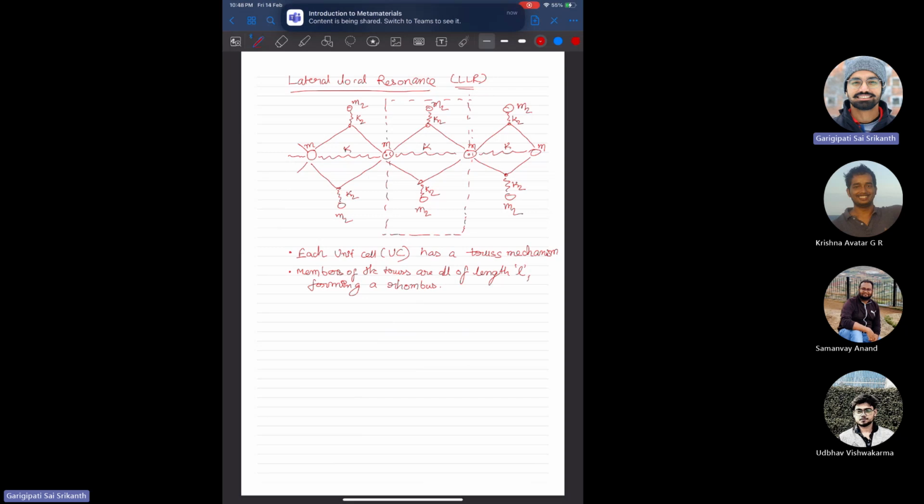Each unit cell has a truss mechanism. Members of the truss are all of length L, forming a rhombus.